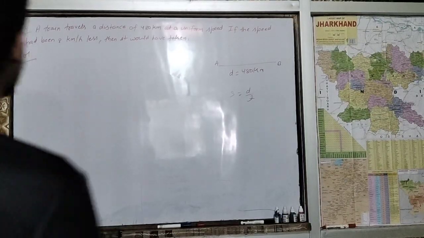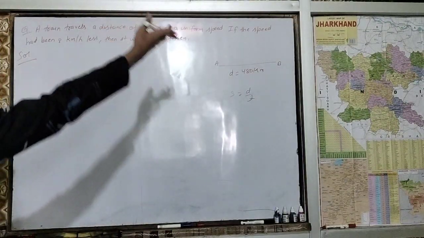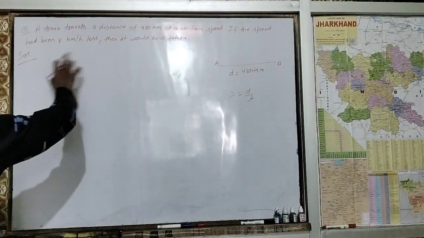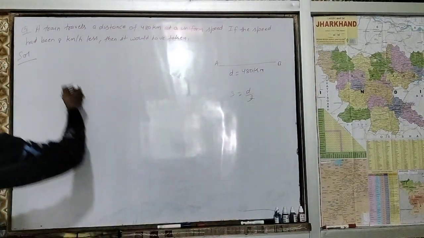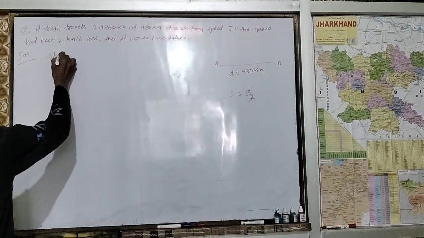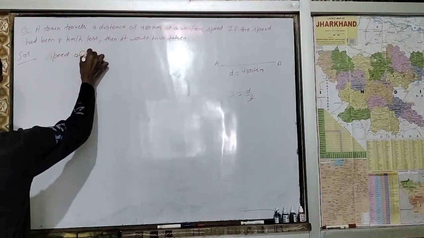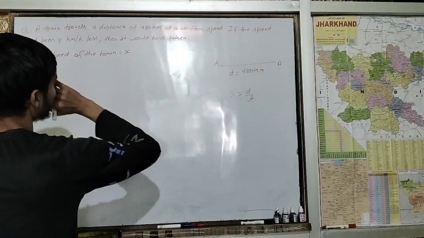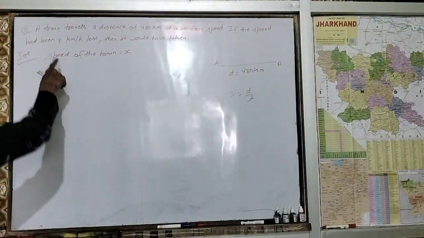Look at over here: the train is traveling a distance of 480 kilometers. We don't know the exact speed, so let's say the speed of the train is x.